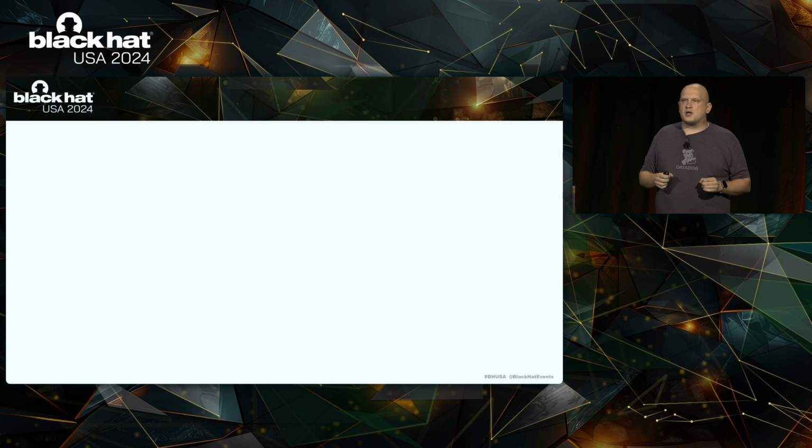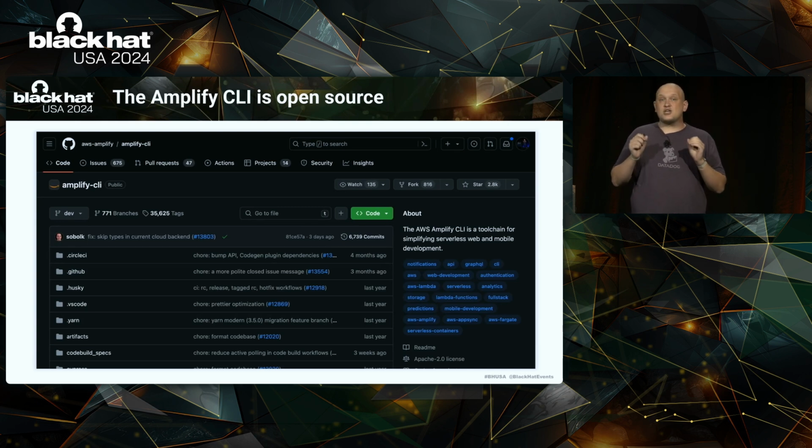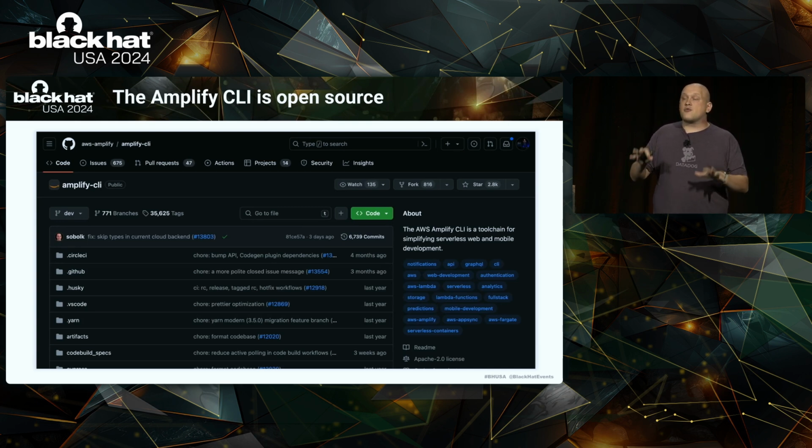The Amplify vulnerability is actually one of the rare circumstances in which we're able to know definitively not only how this was introduced, but when. And that's because the Amplify CLI, written by AWS, is actually open source. And by digging through the commit history, we can see how and when these vulnerabilities were introduced.